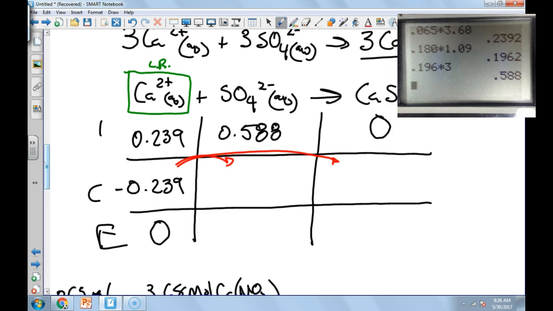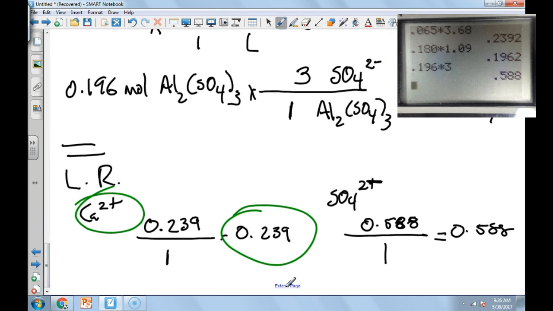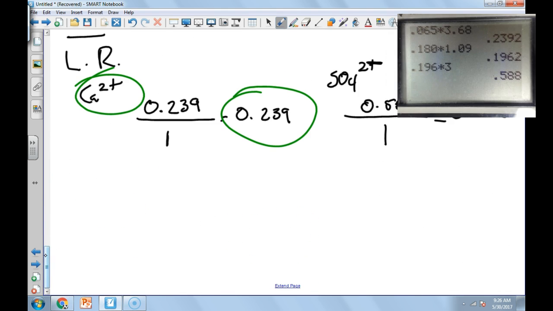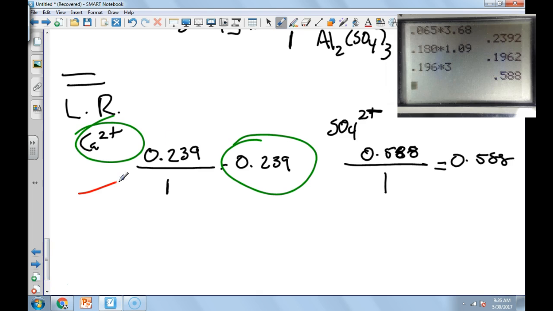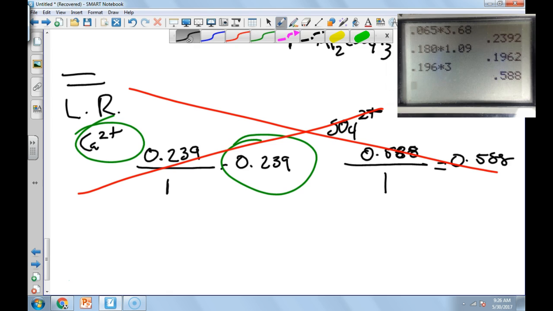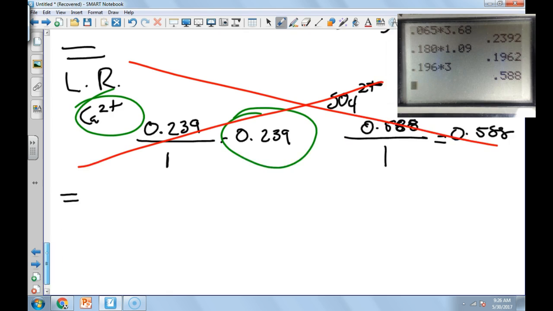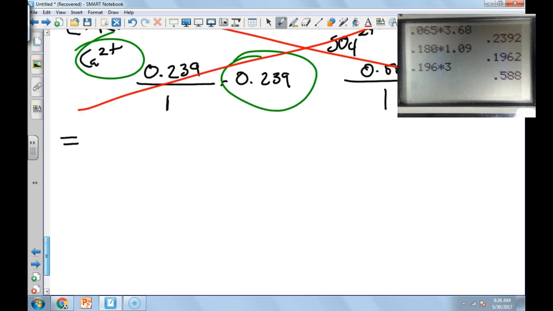In order to go from moles of one thing to moles of another thing, we need a ratio, and the balanced chemical equation gives us that ratio. Again, some of you may be able to see what this answer is going to be, maybe not others of you. Regardless, I'm going to do this, and when I do, I'm going to cross this off. Anytime I do a limiting reagent calculation, I cross it off after I figure it out, because we're never going to use the limiting reagent calculation again.